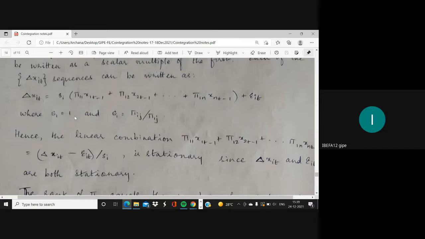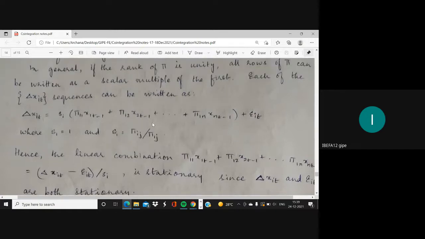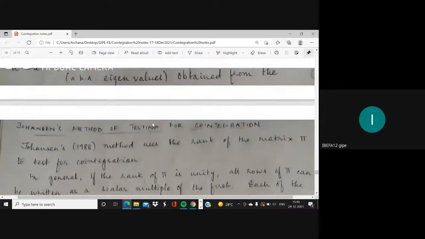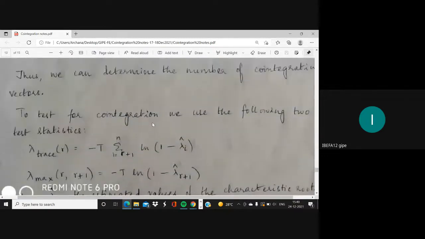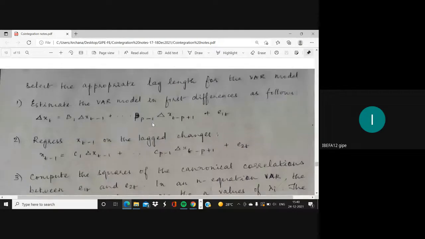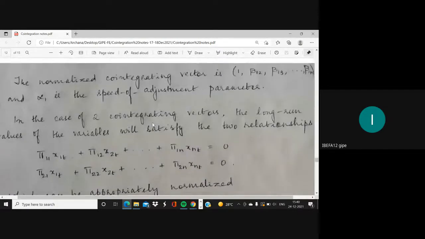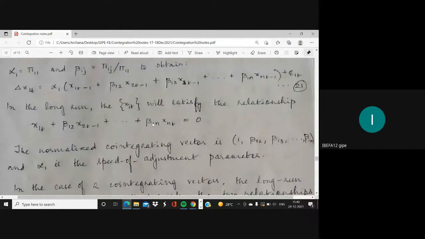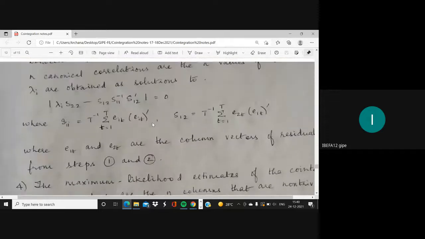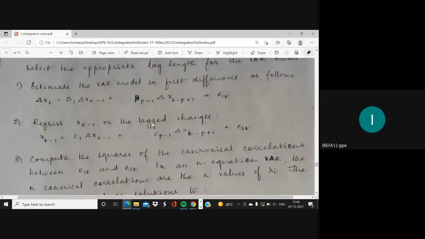So S1 is equal to 1 and Si will be equal to pi i1 by pi 11. Similar to what we discussed on this page, a similar sort of approach is being taken over here in the Johansen co-integration test.